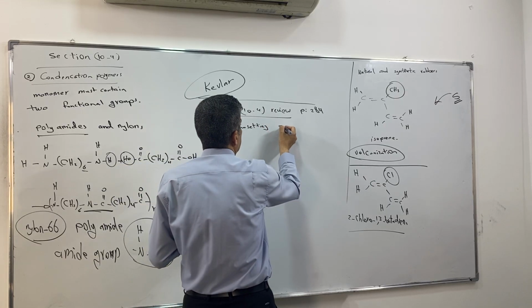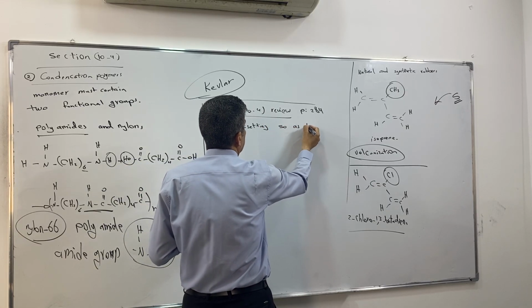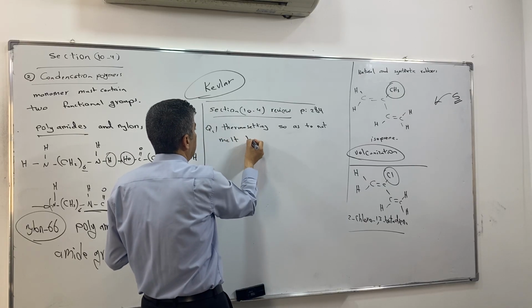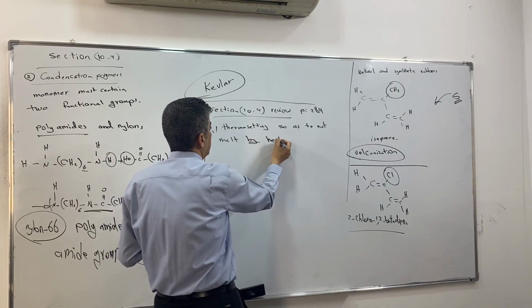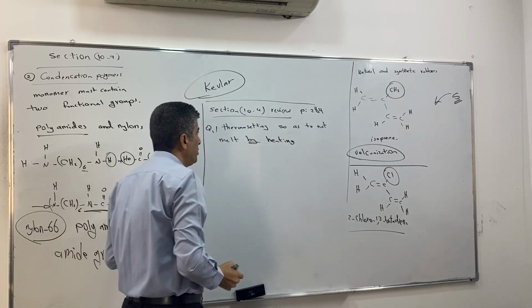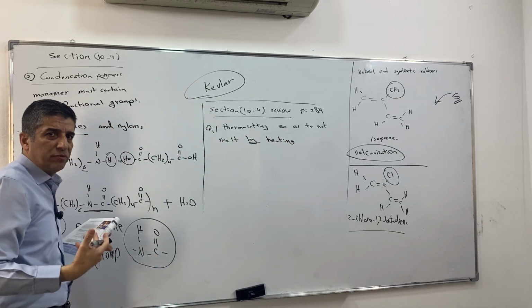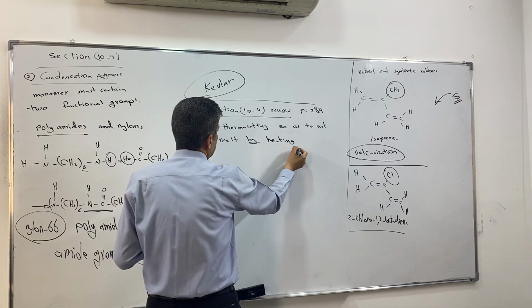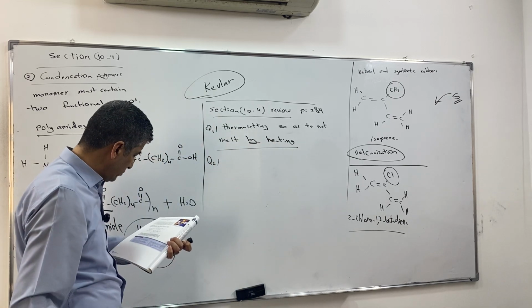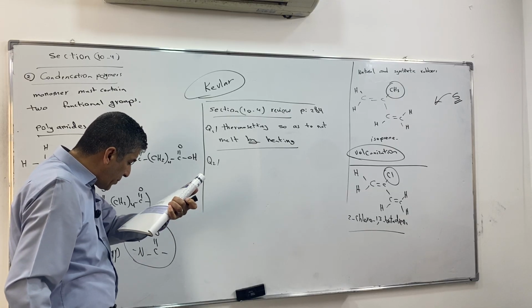Why? So as to not melt by heating. Because if it is thermoplastic, it will melt by heating. To prevent it from changing its shape by heating.